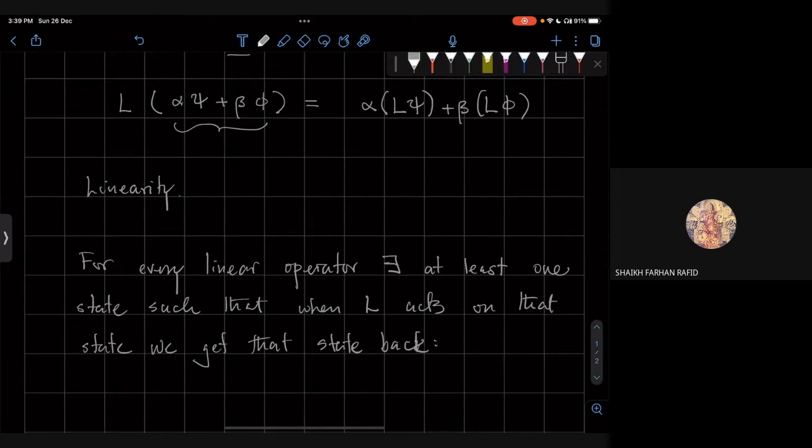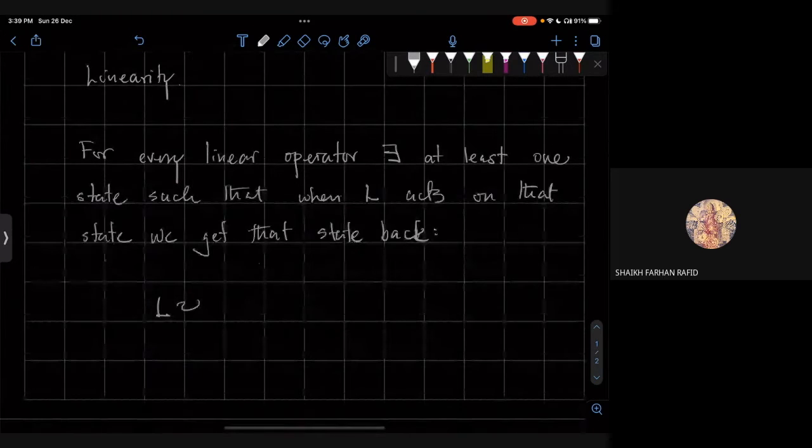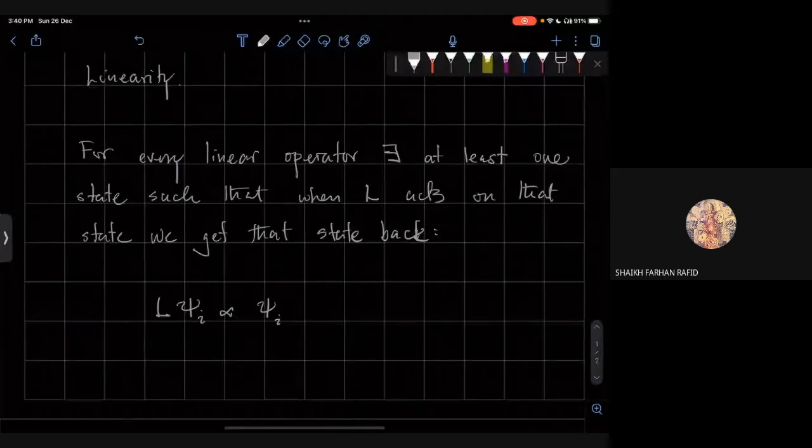So, for example, L can act on psi i, where i is just an index here, and we get back that state itself. Is that clear?